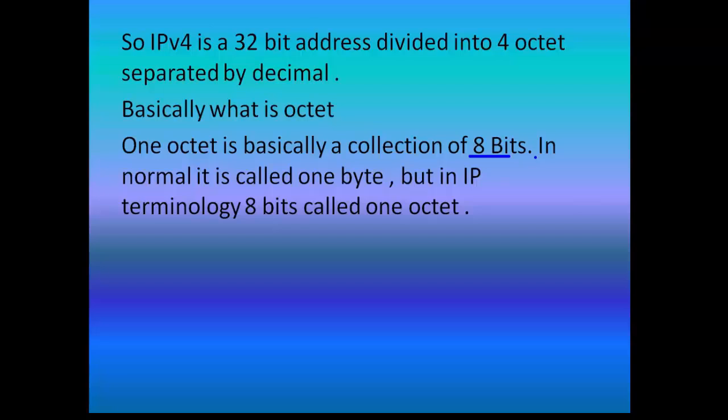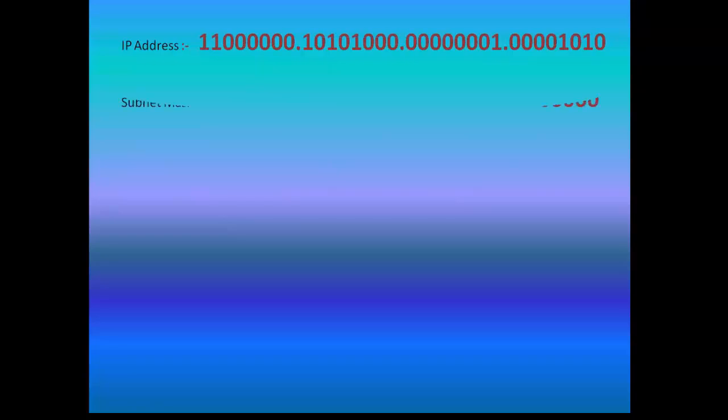Normally it is called a byte. Collection of 8 bits is 1 byte. But here in the case of IP it is called 1 octet. So let's check the actual structure of IP. This is the actual structure of IP.